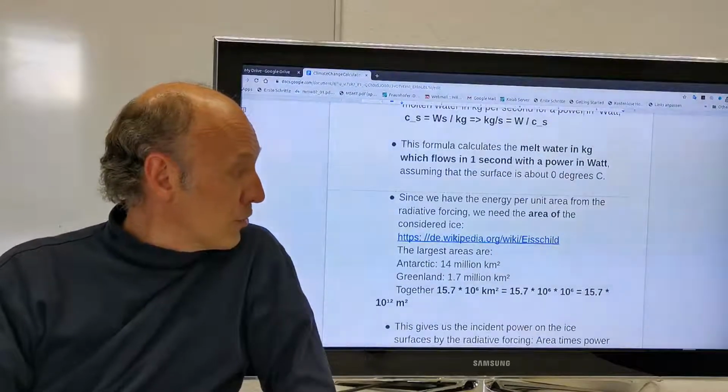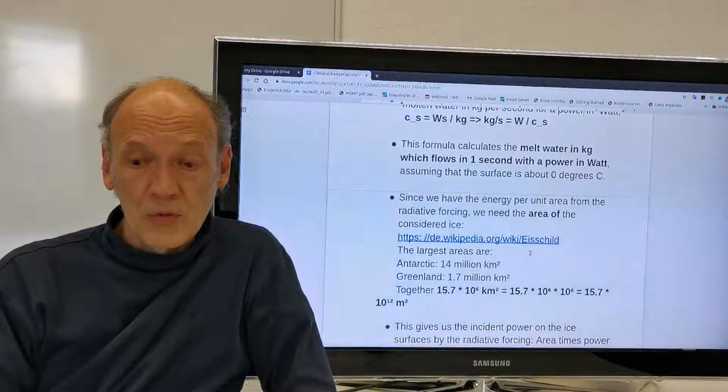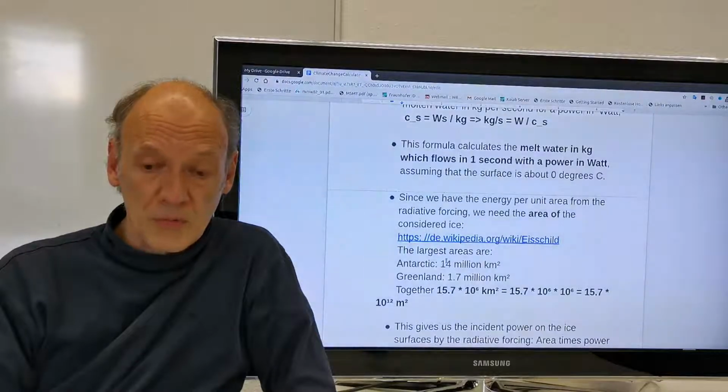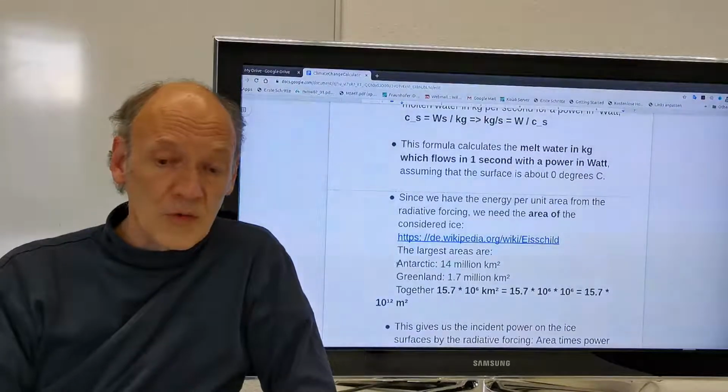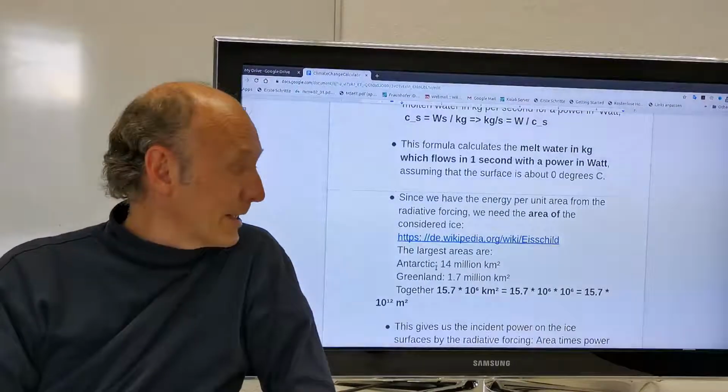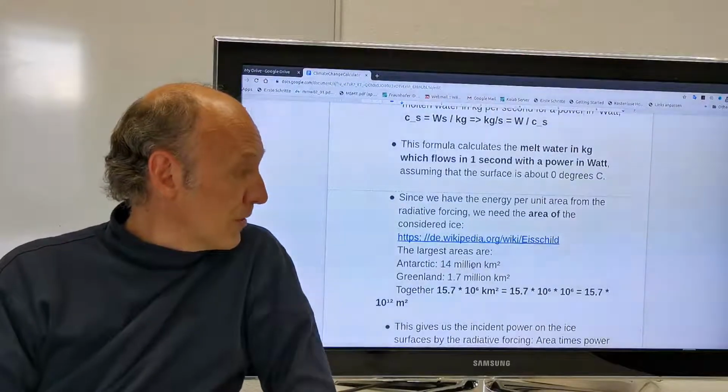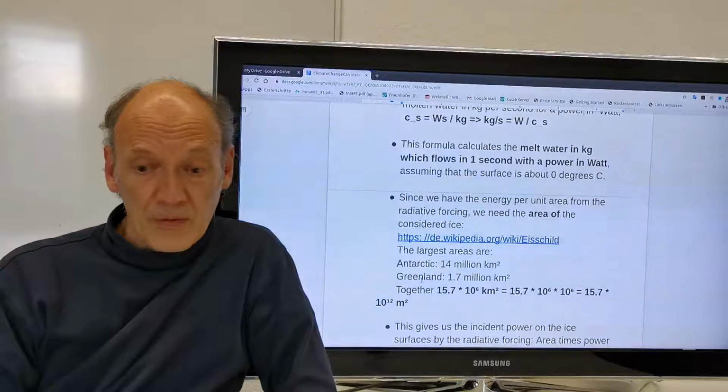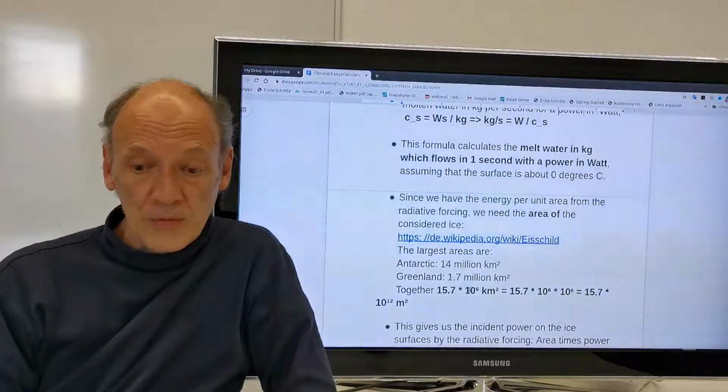Here I took the German Wikipedia page because this is where I found the numbers that I'm using. And here you can find the largest areas: Antarctica with 14 million square kilometers, then Greenland with 1.7 million square kilometers.